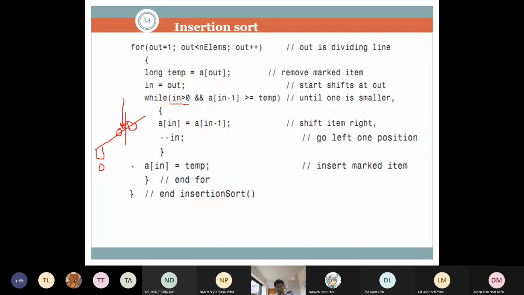Now, my question for you. Is it possible to run this algorithm to sort an array in descending order? Can we modify the insertion sort? Can we use the insertion sort principle, the way we organize things, to sort things in descending order? Yes or no first?